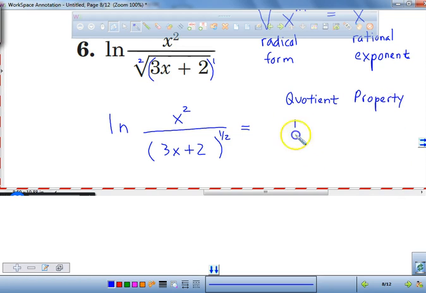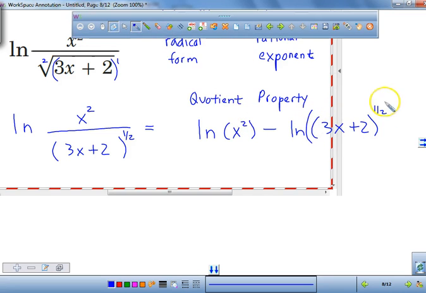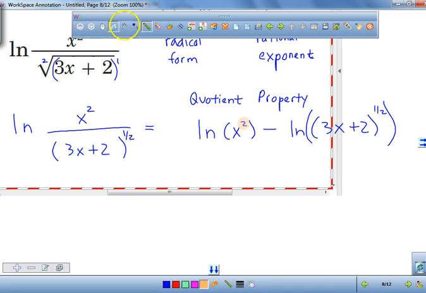And the quotient property allows me to say the natural log of x squared minus the natural log of 3x plus 2 right here. And what is that raised to the power of? 1/2. But then you can bring the 1/2 to the front. So Josiah realizes that 2 right there is a power. What am I allowed to do with that power?